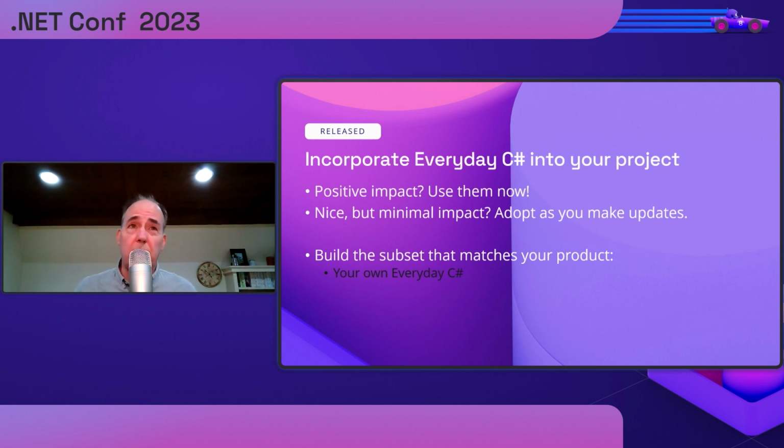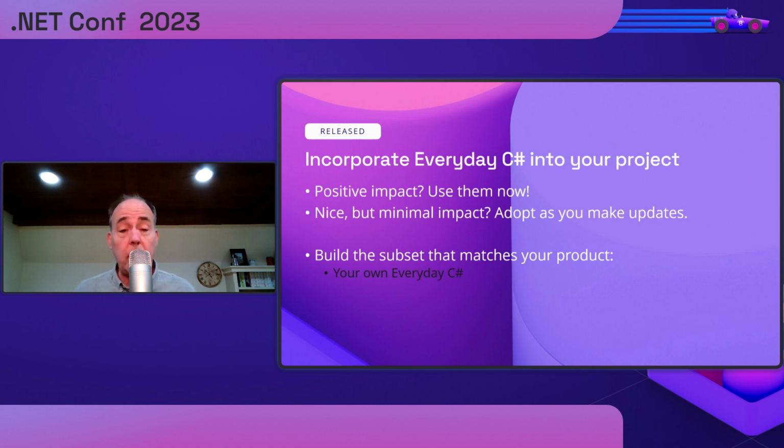If it's nice, but it's minimal impact, schedule it and adapt it as you make some updates. Say, hey, maybe there's a point where I'm going to update to the next release and we've got all this code that's using different namespaces and extra brackets. Add file scope namespaces. It's just going to make it look a little nicer. And then most importantly, you should build a subset that matches your product. There are things I'm probably not going to include for everyone, like a lot of the ref safety features.